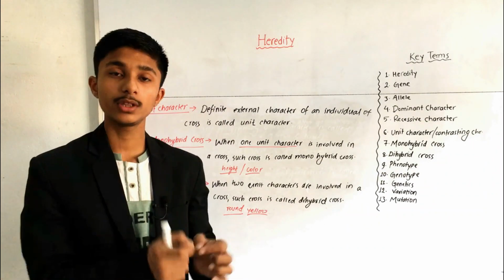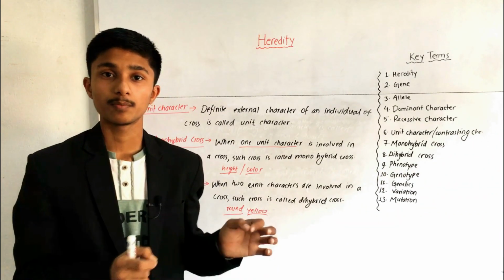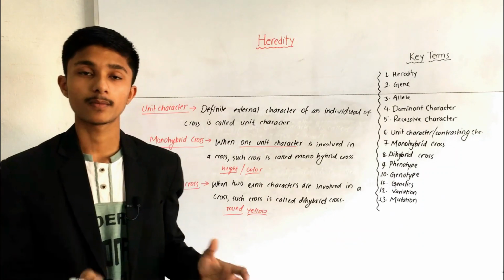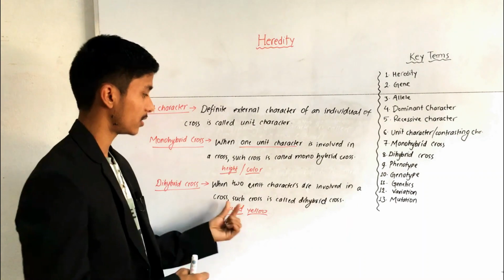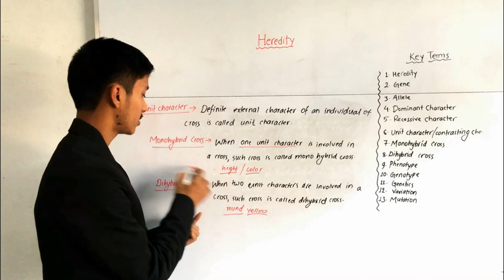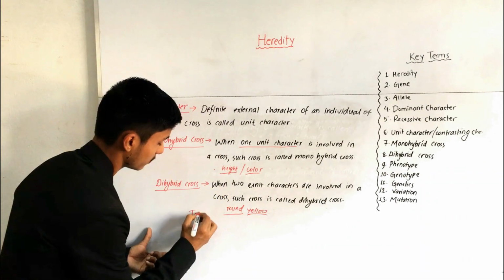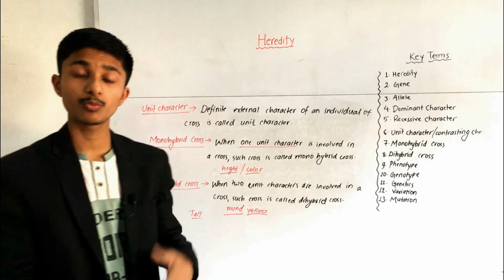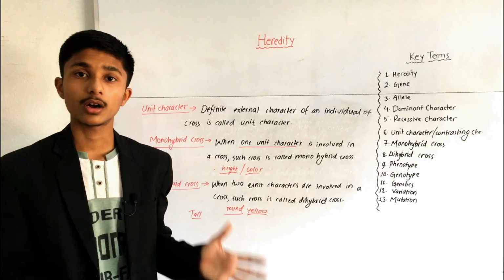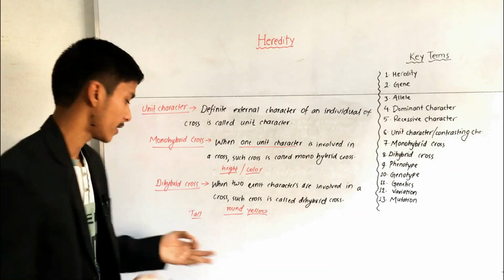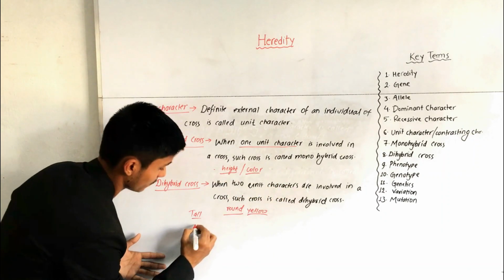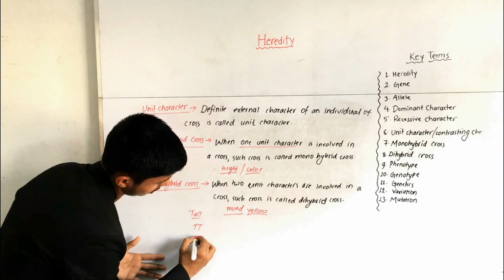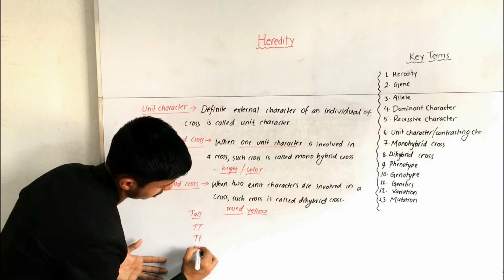And genotype means the genetic makeup of an organism. Genotype means with what type of constituents the substance is made. For example, tall means what? Here if we take height and we take tall, then tall means either pure tall or hybrid tall. Here there are three types of genotype. Suppose TT, capital T small t, and small t small t.